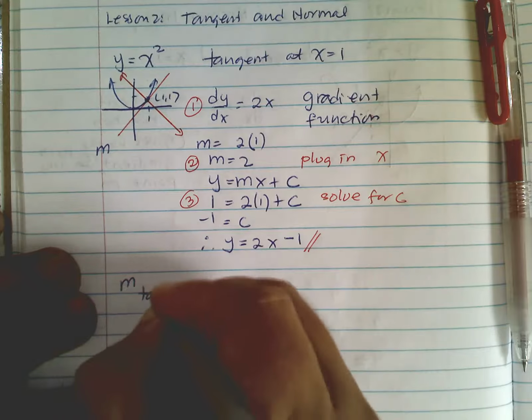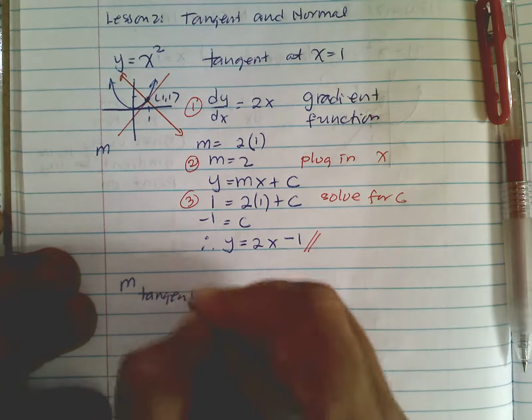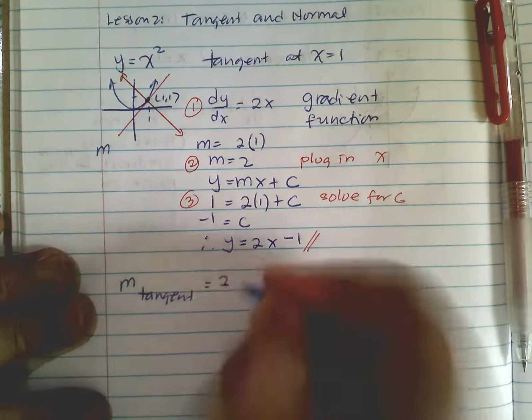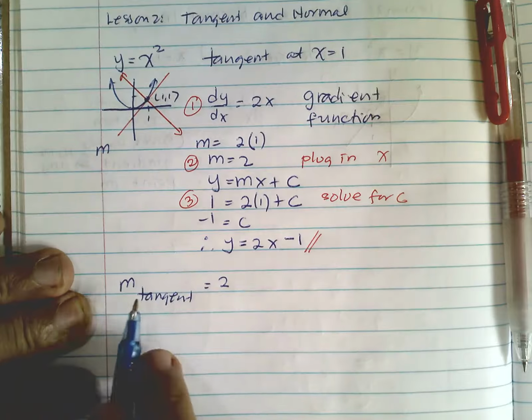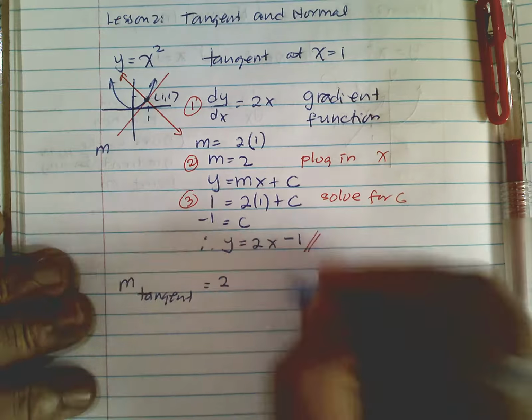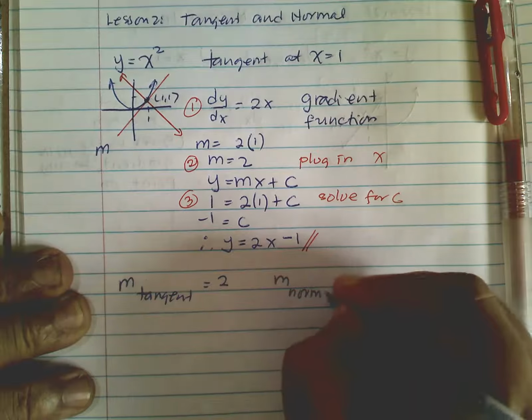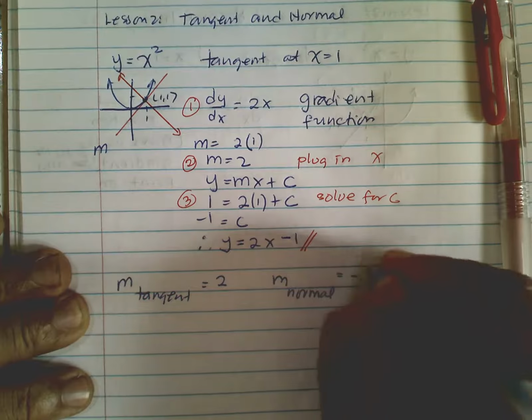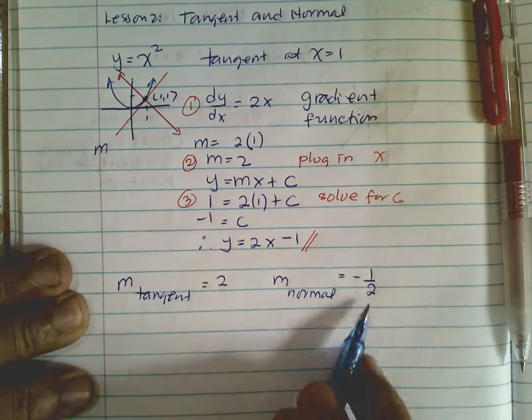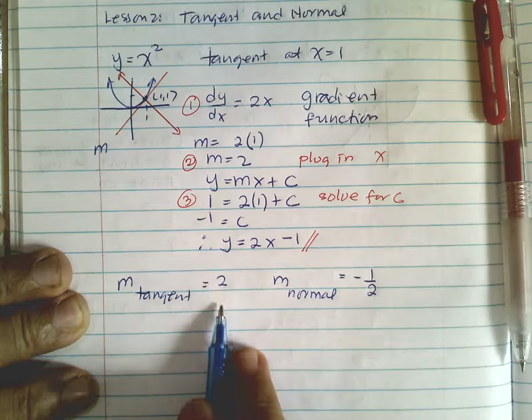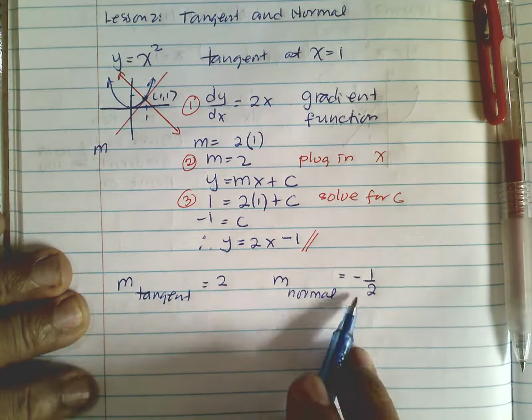So the m of the tangent is equal to 2. Now, what's the relationship between the gradient of the tangent and the gradient of the normal? The gradient of the normal is equal to negative 1 over 2. So you reverse this one and take the negative, that's the gradient of the normal.